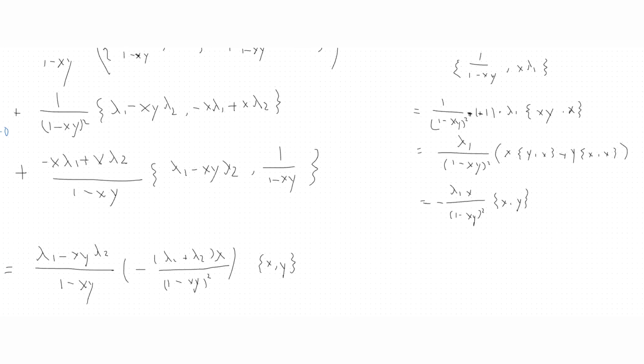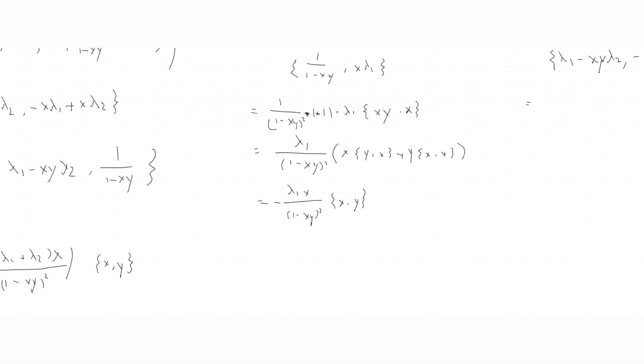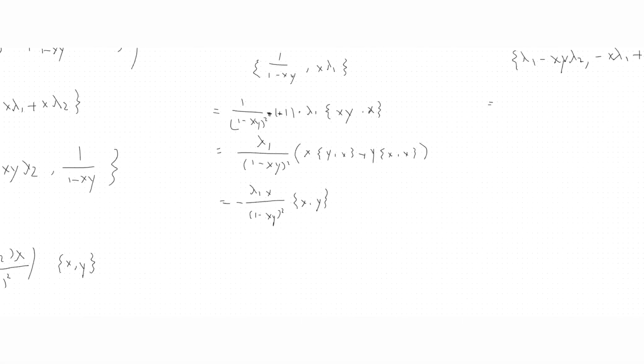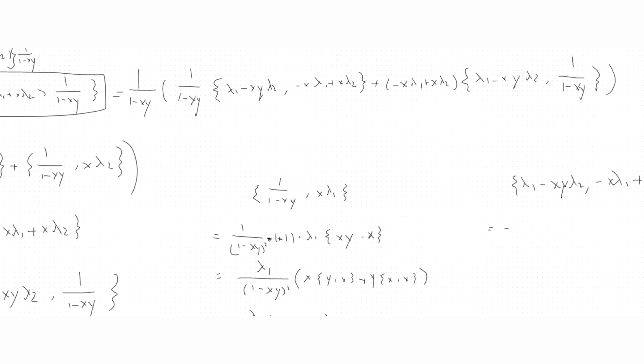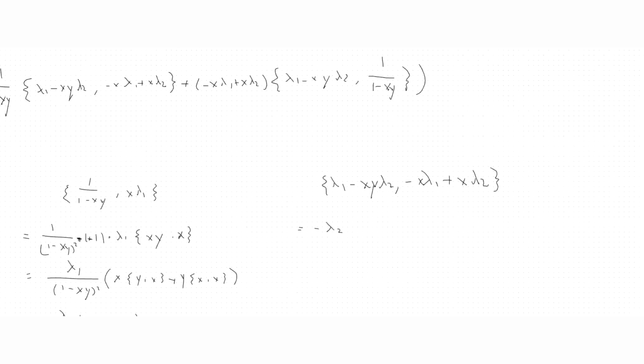For the second term, we have minus lambda 2 times minus lambda 1 plus lambda 2 of x, y, x.